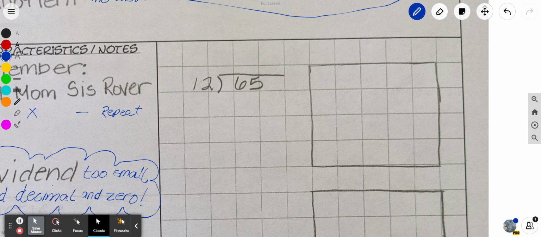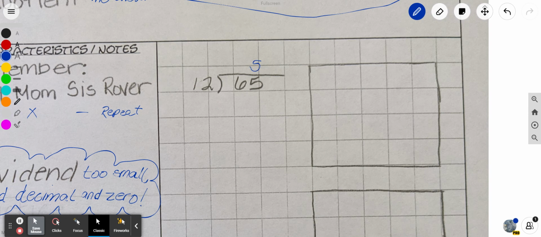So 12 does not go into 6, but it does go into 65. And here you've got to do a little bit of guess and check. I happen to remember, because I know my 12s facts, that 12 times 5 is 60. So 12 goes into 65 5 times.